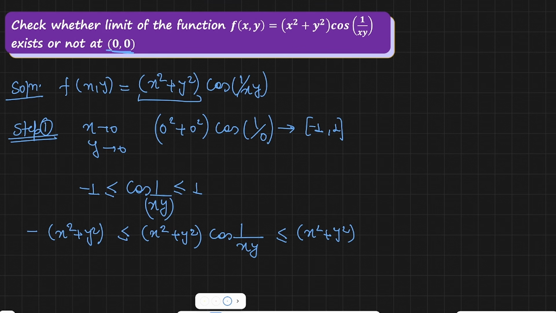There is a theorem known as the sandwich theorem, also known as the squeeze theorem.